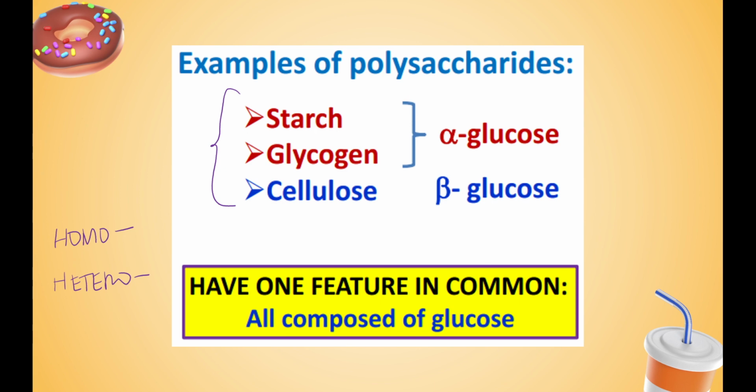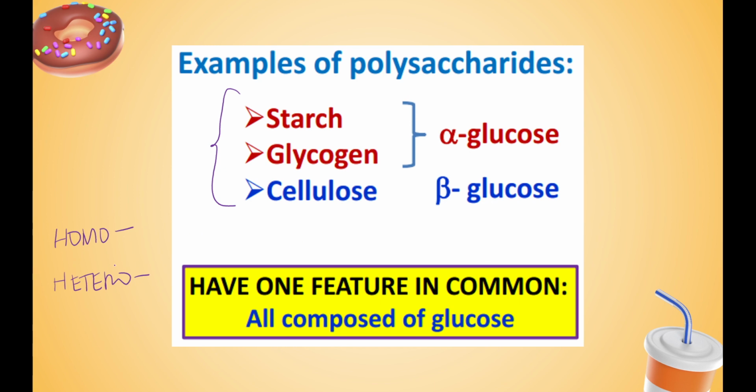Meaning, if for example starch is composed of 20 monosaccharides, all of those monosaccharides are purely glucose, condensed together to form your starch. While your heteropolysaccharides, from the word hetero, are complex carbohydrates which are formed by combining your carbohydrates with non-carbohydrates or any derivative of your carbohydrate.